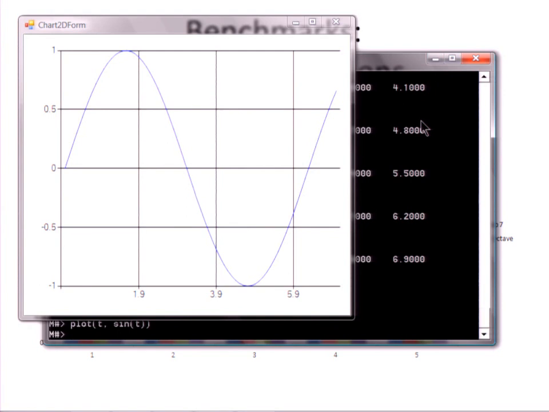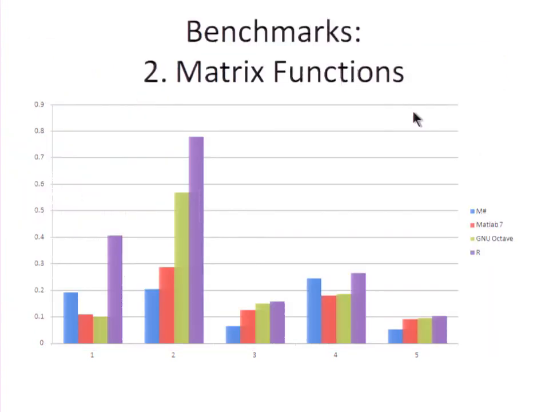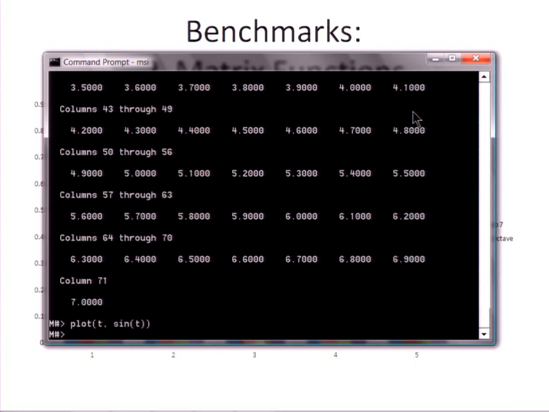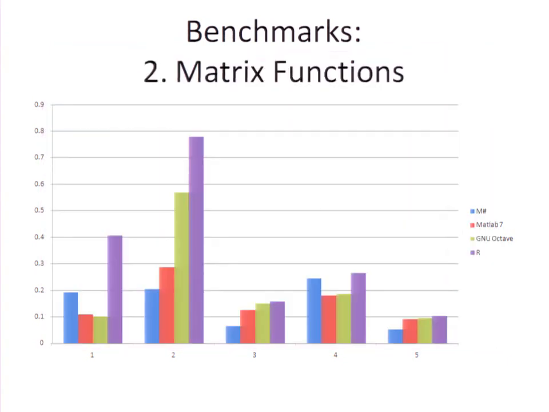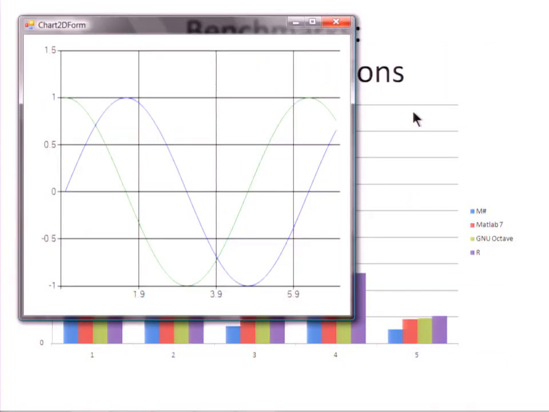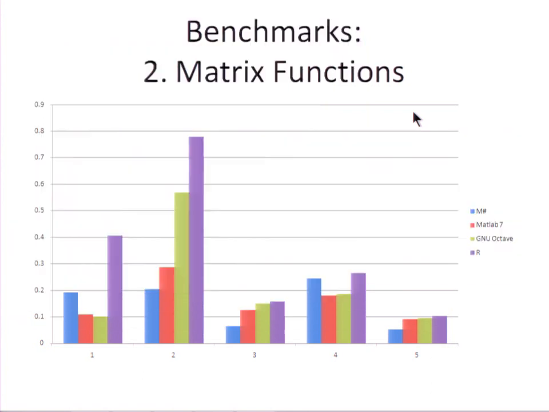And we can add cosine to it. And we have a graph with sine and cosine there. So that's a very, very quick overview of what you can do with M-sharp.